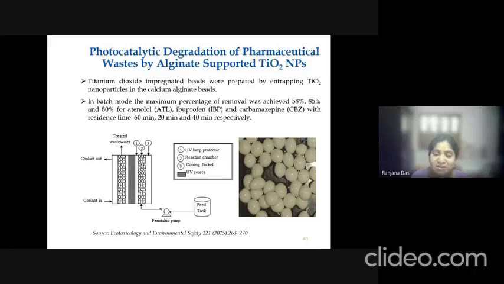So how can it be done? This immobilization was done using alginate-supported TiO2 nanoparticles. The alginate bits are there, in which we have entrapped the TiO2 nanoparticles.